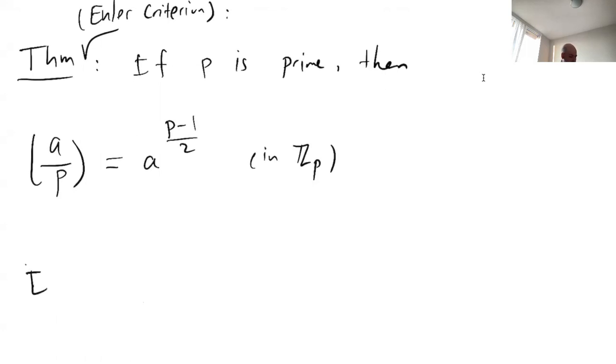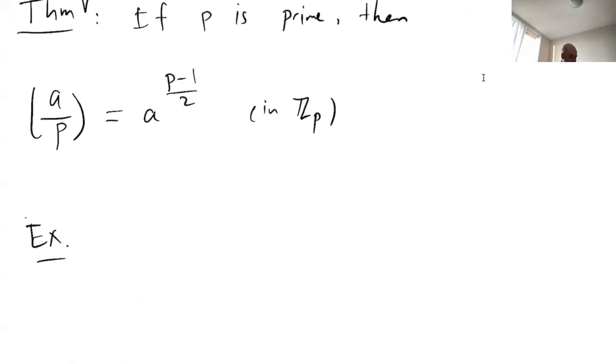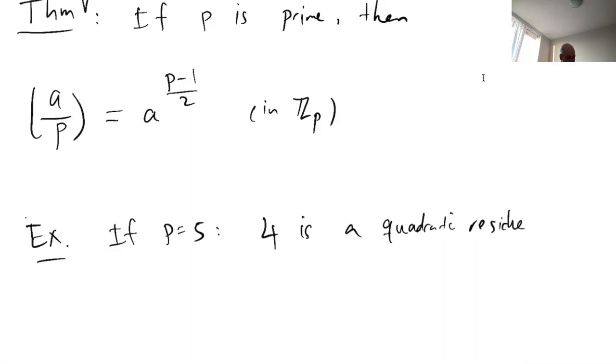First, let's look at an example, and then we'll see the proof. For example, we saw that if p equals 5, then 4 is a quadratic residue. That means 4 over 5, the Legendre symbol, is 1.